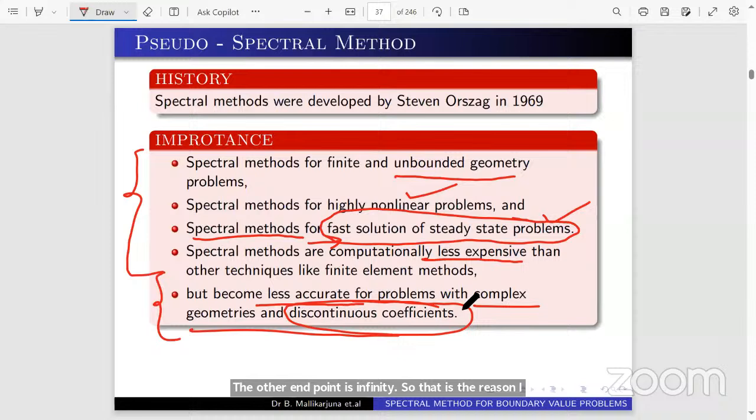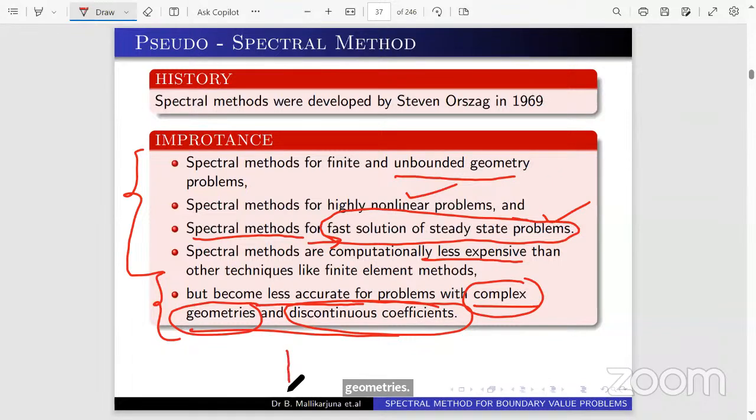When it comes to complex geometries, it is like, see, suppose let us take this is one side and like this the other side. For these kinds of geometries, defining conditions faces a difficulty in writing a code.